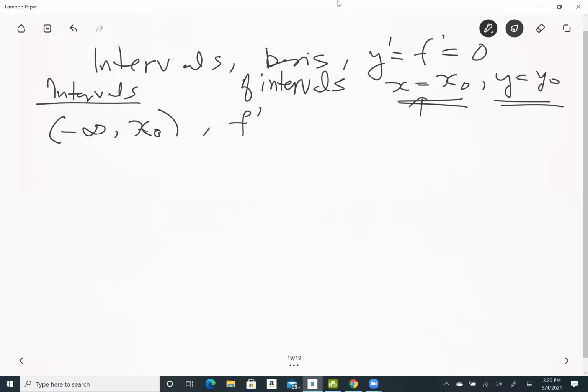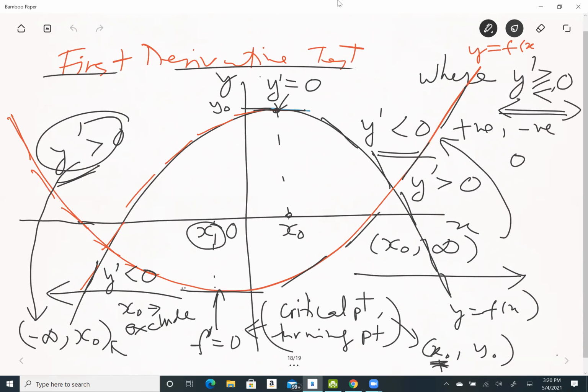Is f prime negative or positive? Can you see your graph? For the first curve, positive or negative? Positive. Okay, positive. And then after x0, upward, f prime is negative. So over those intervals, you have positive or negative derivatives, which you can identify from the slope.